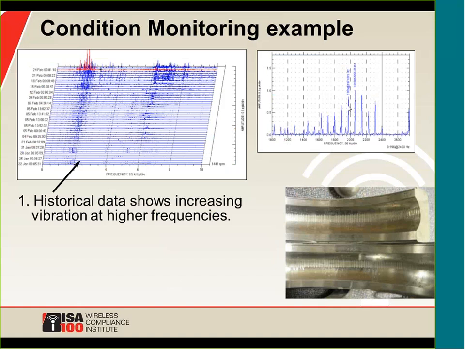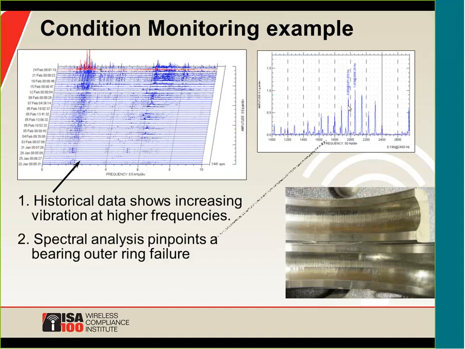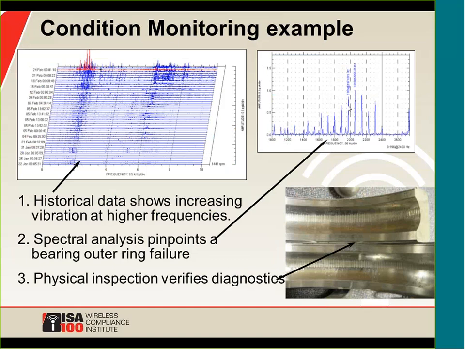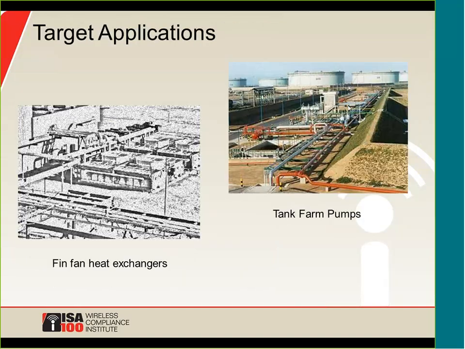And you can see from the trend there that the bearing was getting ready to fail. And the spectral analysis pointed to a specific failure within the bearing. And once they pulled the bearing off and did a review of it, the inspection showed that the diagnostics were spot on. Lots of examples of that.